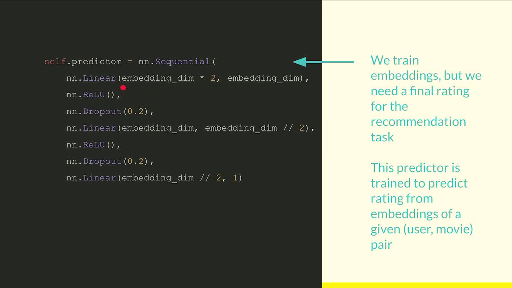We're going to take both, so the input dimension over here is embedding dimension times 2, and that's because we're going to take both user and movie embedding. And we want to calculate what the rating is going to be. So the output dimension of this network is just going to be this, which is a singular value. It's basically a scalar. So basically just going from all the embeddings to your final rating, which is just a single scalar.